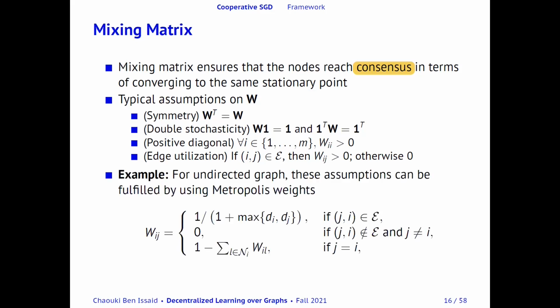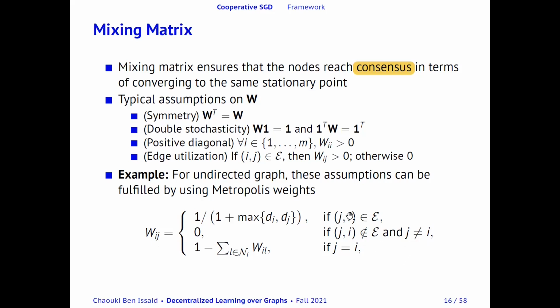For an undirected graph, which is the main focus of our lecture, these assumptions can be satisfied if we construct W using Metropolis weights, for example. So here W_ij is equal to 0 if (j,i) doesn't belong to the set of edges, and also if j is different than i.